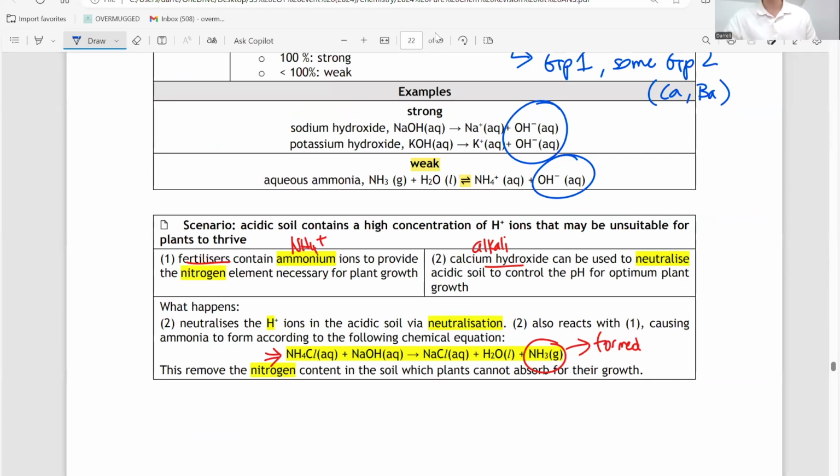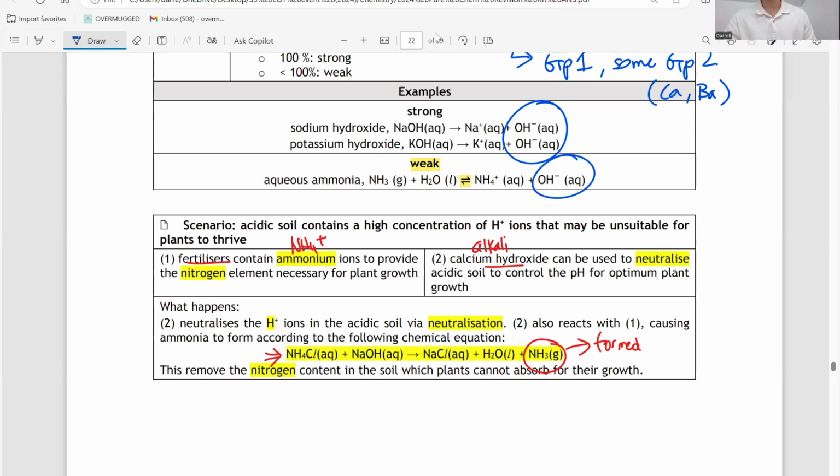You also add in calcium hydroxide to neutralize the acidic soil. Of course. But what happens if you add both at the same time? Instead of neutralizing the acid, you would then react alkaline with the ammonium salt, as you can see over here. Ammonium salt reacts with alkaline to give you salt plus water plus ammonia gas.